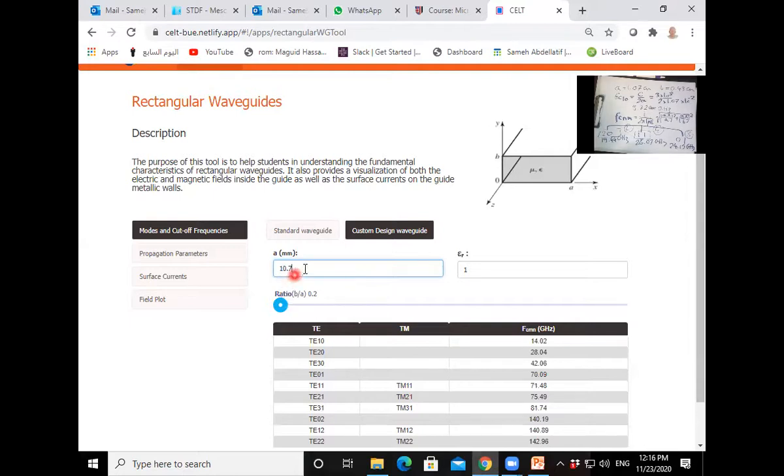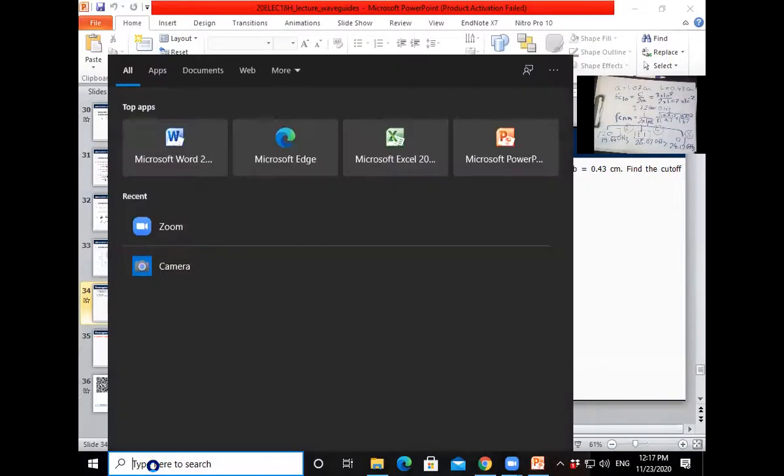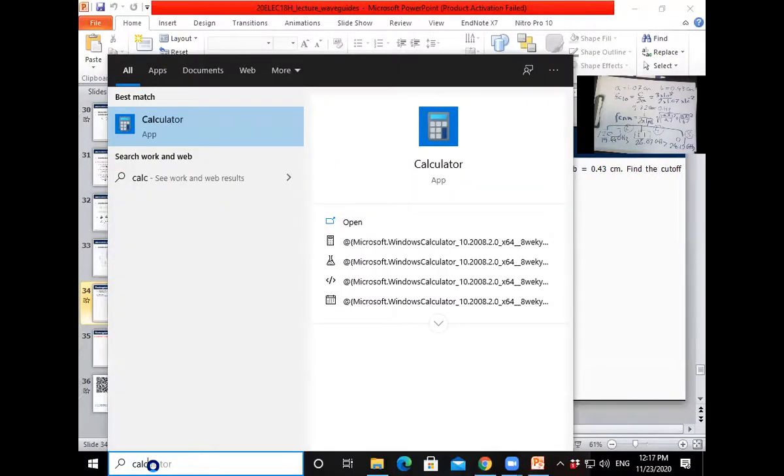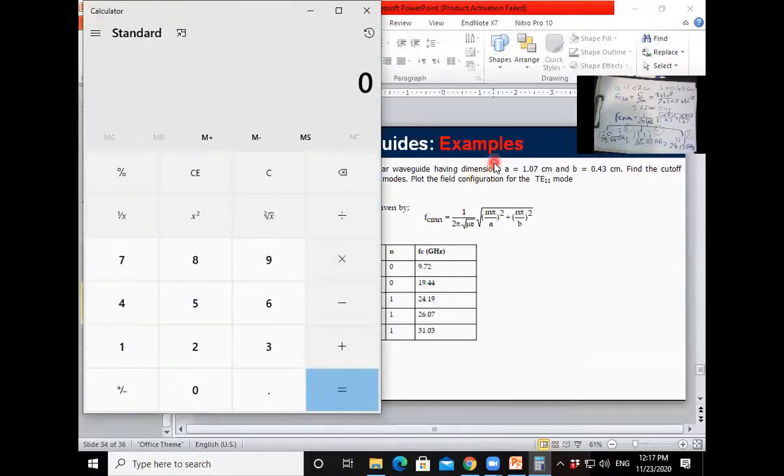Okay, and I also need to find B over A, which is the ratio between B and A. Let's do it here with the calculator. It's 0.43 divided by 1.07.